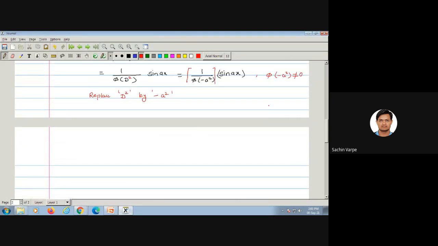Okay, so let us generalize it now. In case of failure, if phi of minus a square is 0, it is a case of failure.